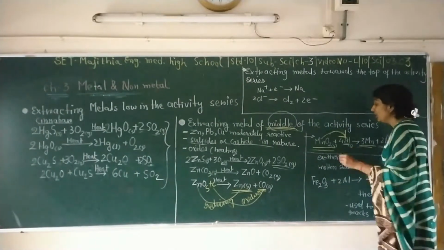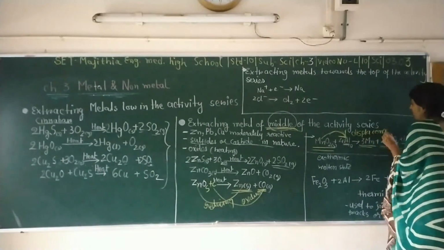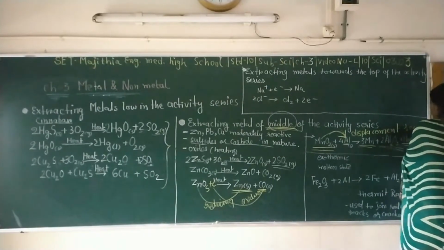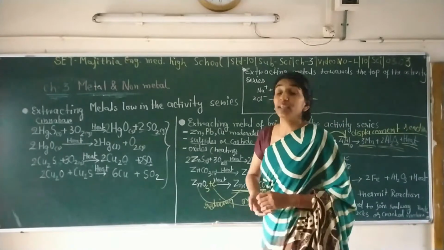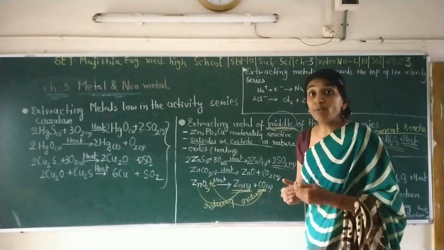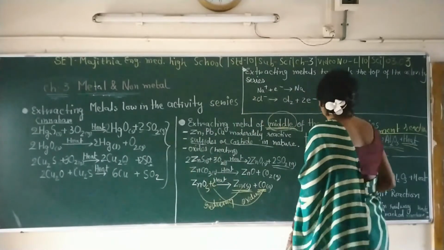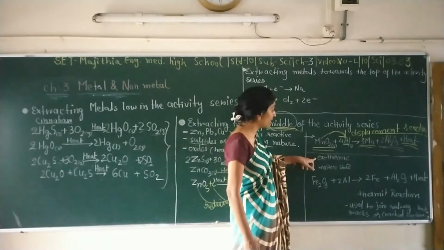When we have this kind of displacement reaction, these reactions are highly exothermic. That means an enormous amount of heat is generated during this kind of process. So these are also called exothermic processes.